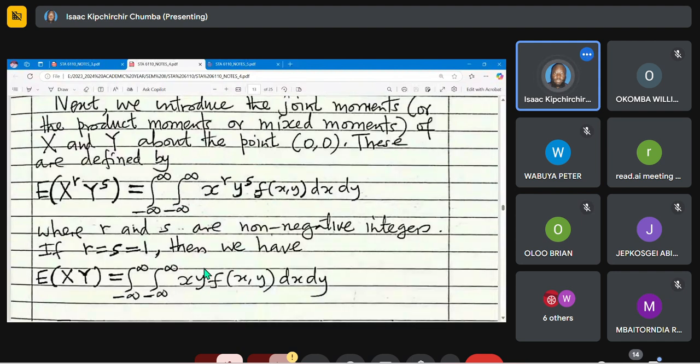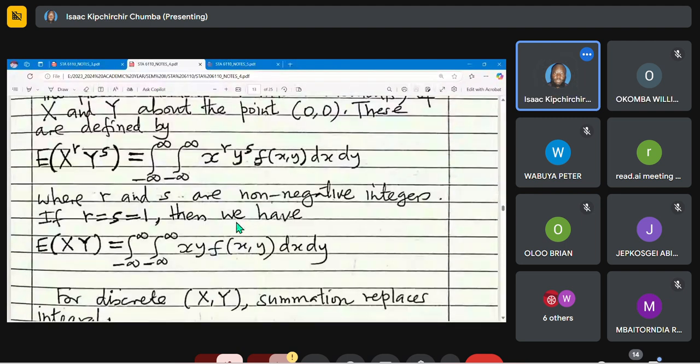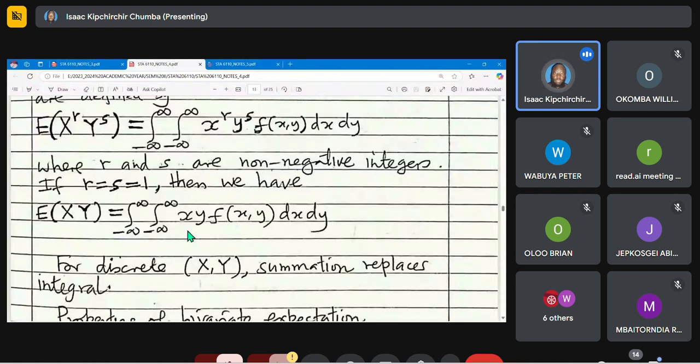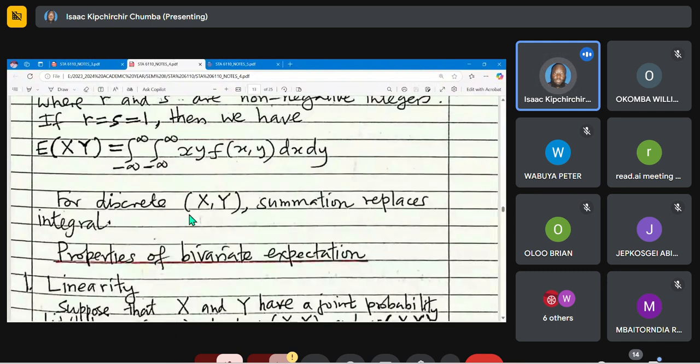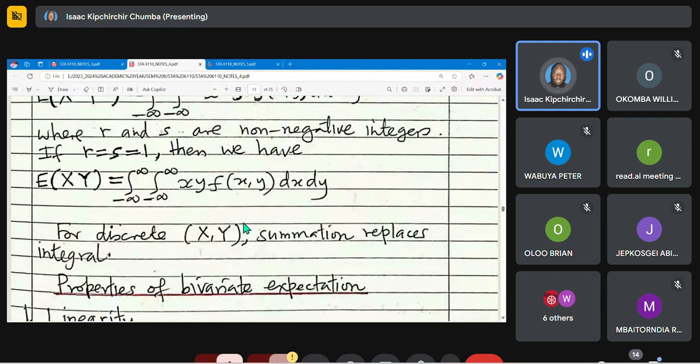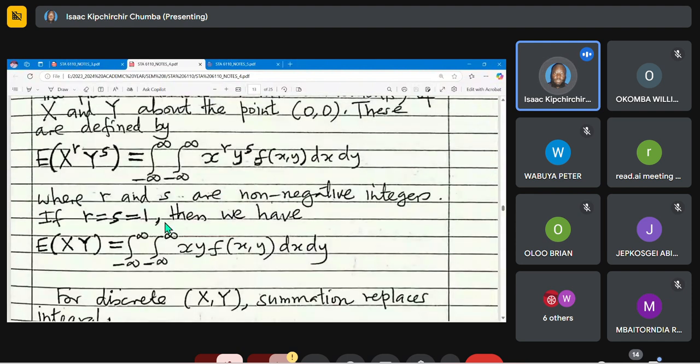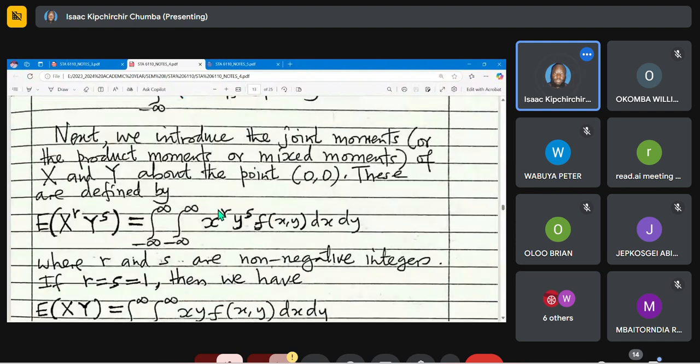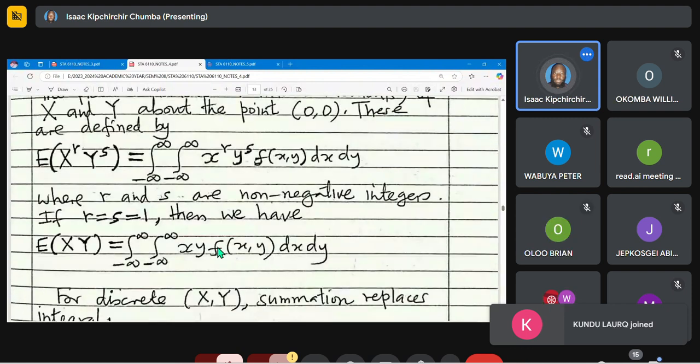In particular, if r equals s equals 1, which is very important when computing the covariance, we require this when getting the covariance of the two random variables. Simply put, for discrete x, y, summation replaces integral. Where you see integral, replace with summation over x and y.